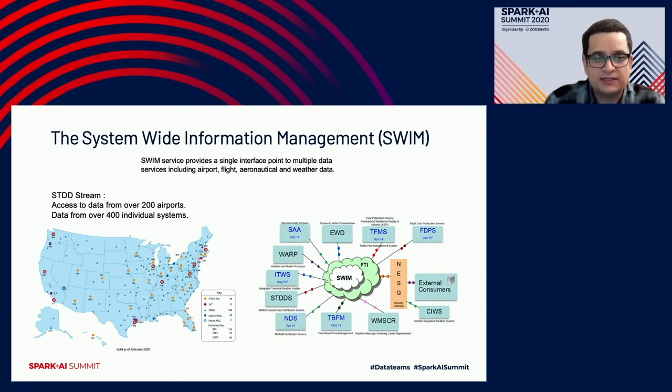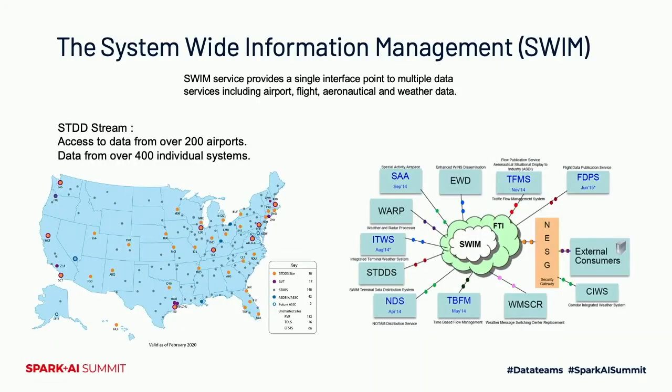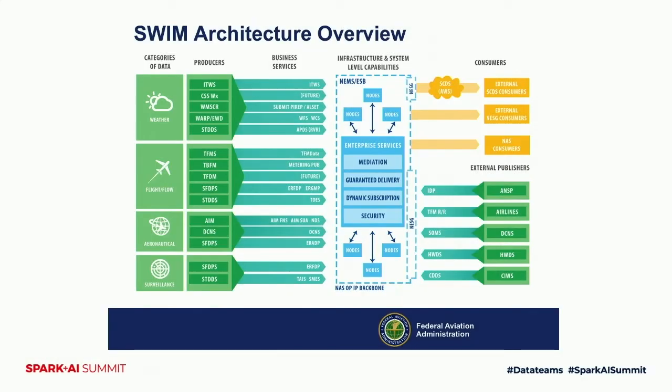TFMS, or Traffic Flow Management Service, also referred to as air traffic management, is the craft of managing the flow of air traffic in the national airspace system based on the capacity and demand.